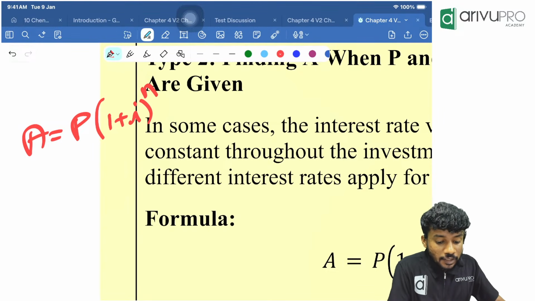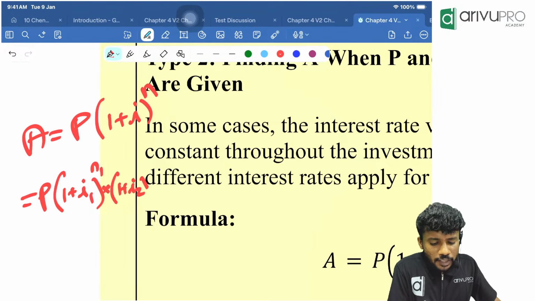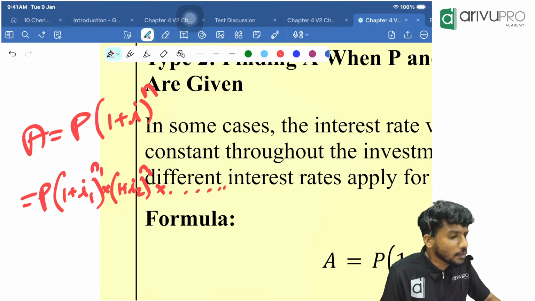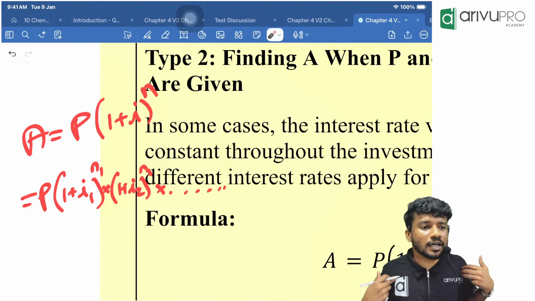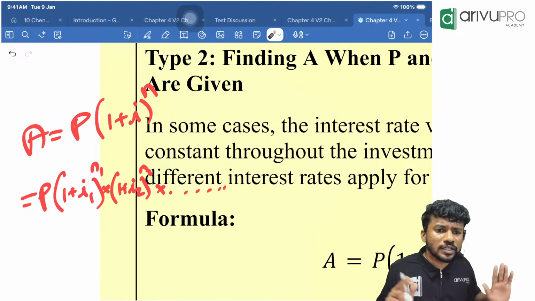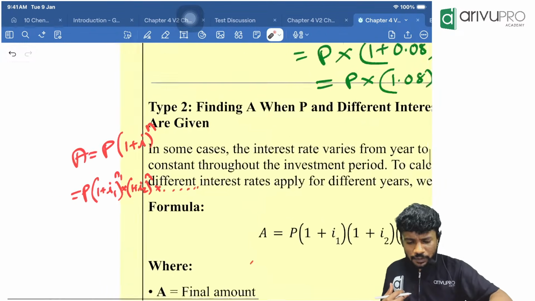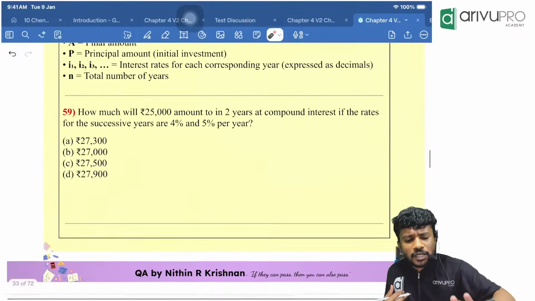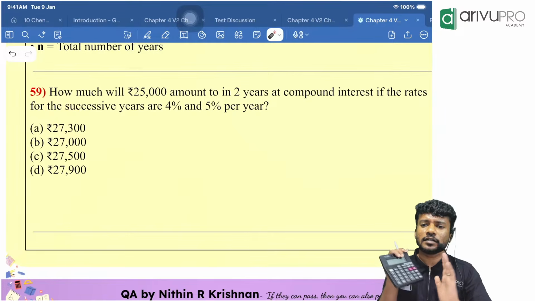For the first case I can write it as 1 plus I1 raised to n1 into 1 plus I2 raised to n2, into etc. I can do that, right? Because depending on the number of periods I can convert them. Based on our current scenario, we can do it the way we want. But almost 100% of the questions will be solved using the calculator.